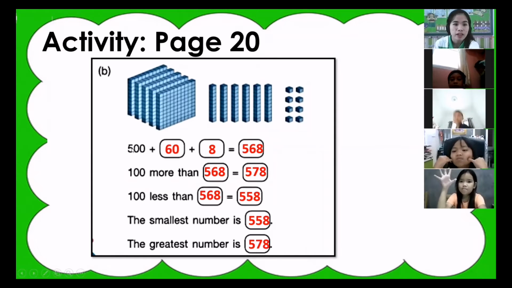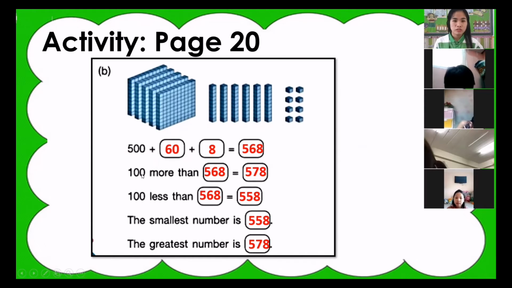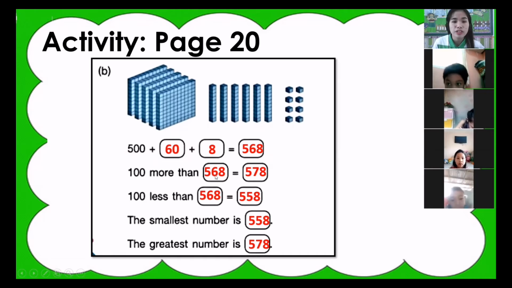So 500 plus 60 plus 8, that is 568. Again, if we say 100 more than 568, you are going to add 100. But if it is 100 less, you are going to subtract 100.